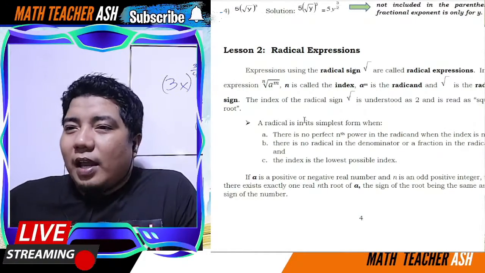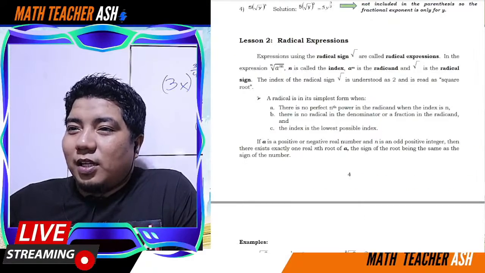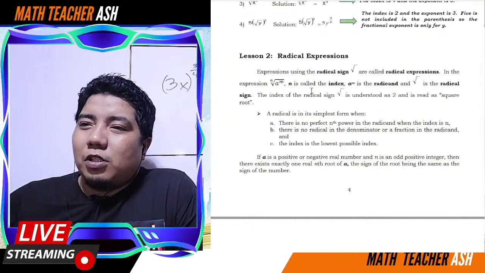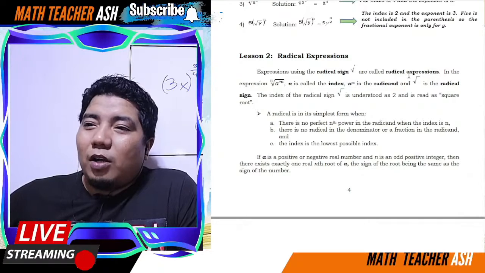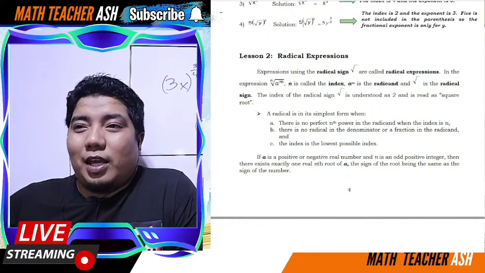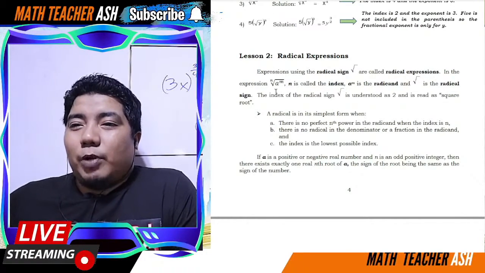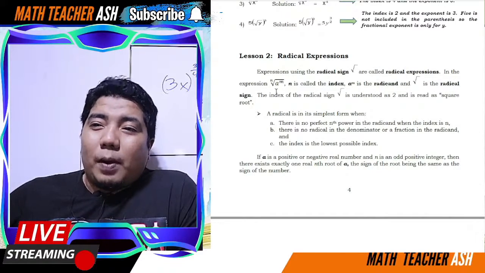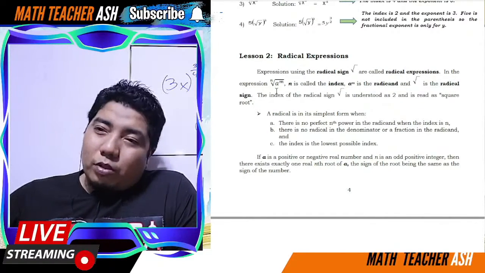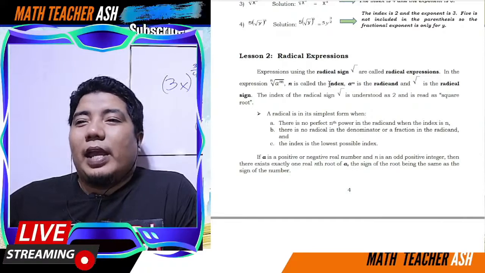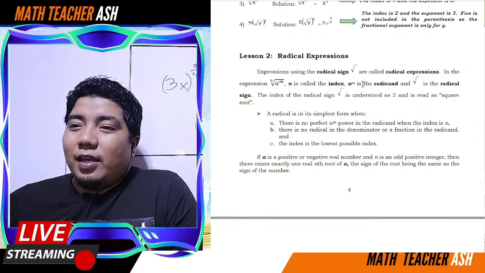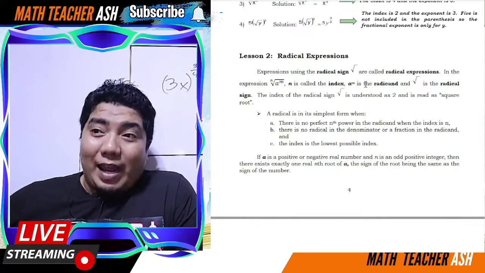But anyway, now let us continue with the definition. So, expressions using the radical sign are called radical expressions. Okay, ito yung mga nasa loob. In the expression, the nth root of a to the power of m, n is called the index, a to the power of m is the radicand.